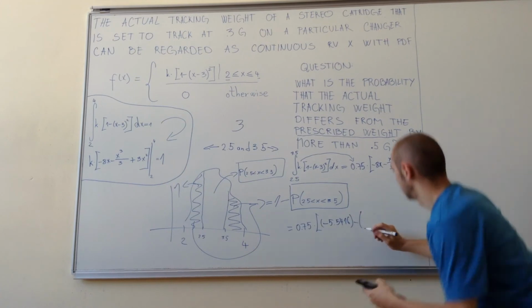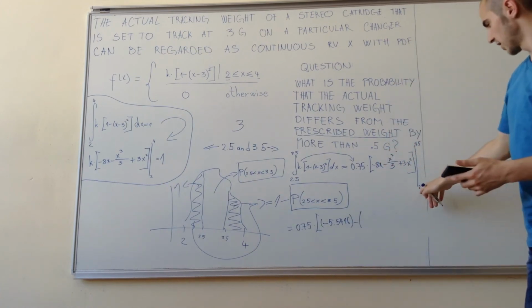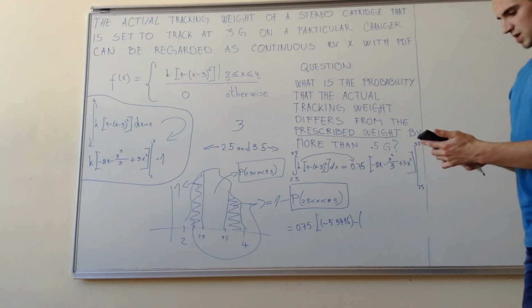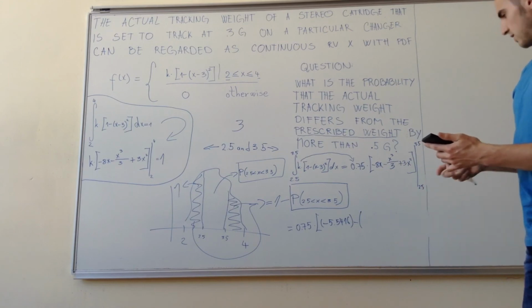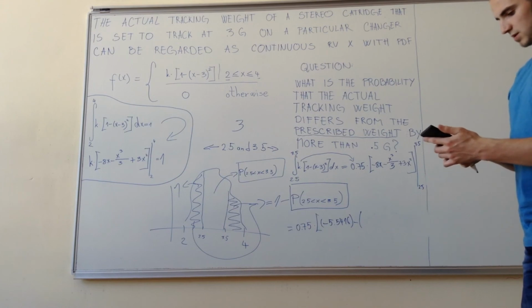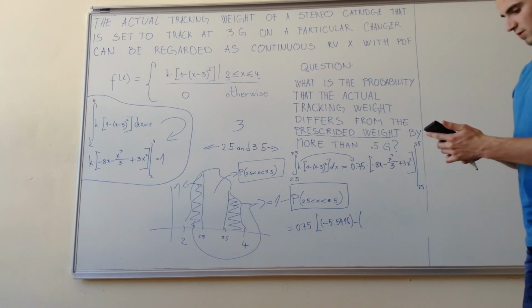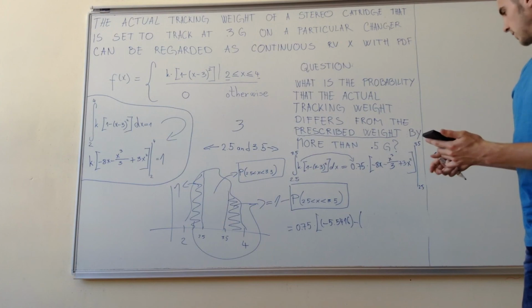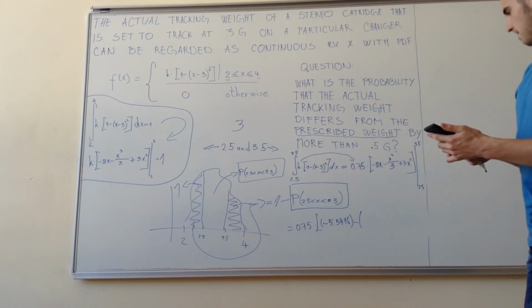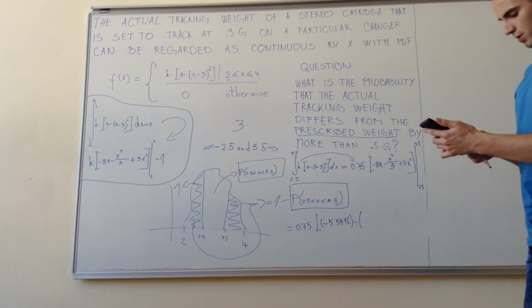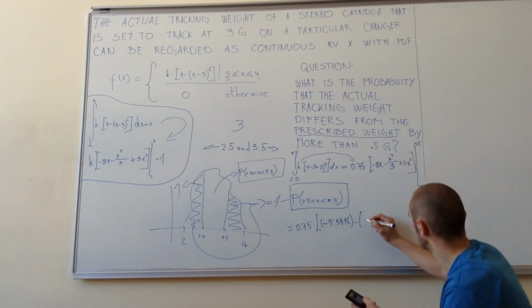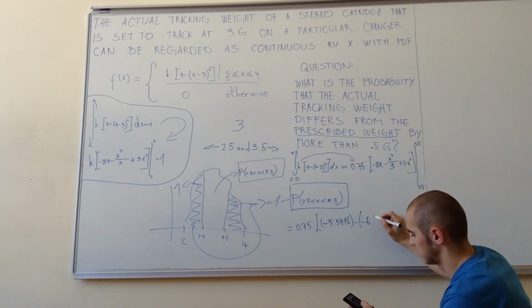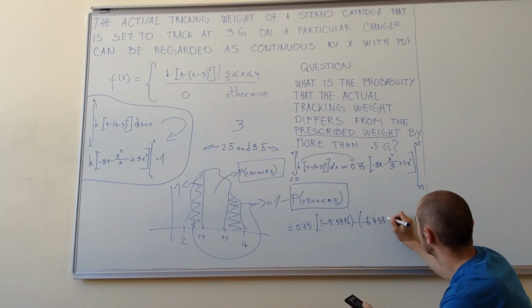Minus, and here the second limit is minus 8 times 2.5 minus 2.5 cubed divided by 3 plus 3 times 2.5 squared. And this is minus 6.4583.